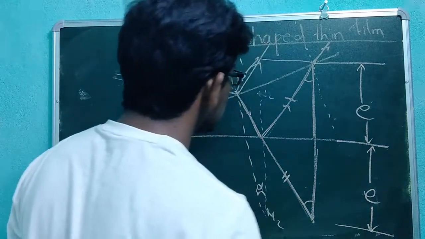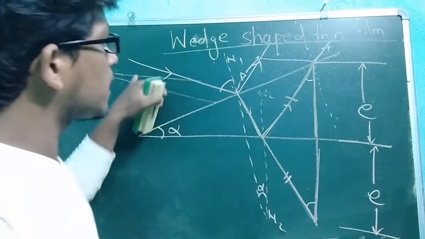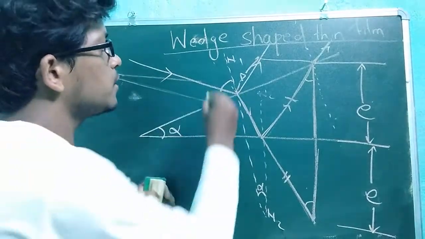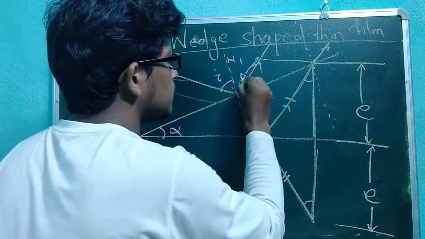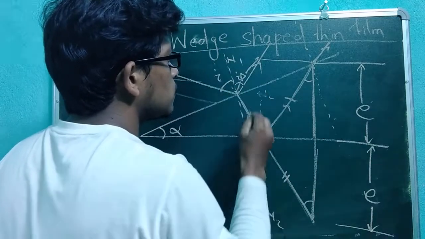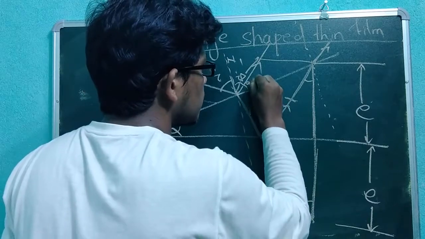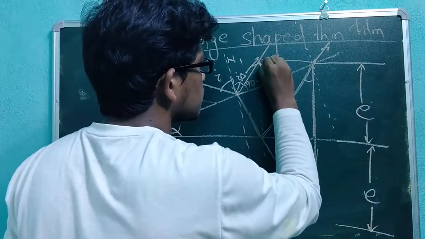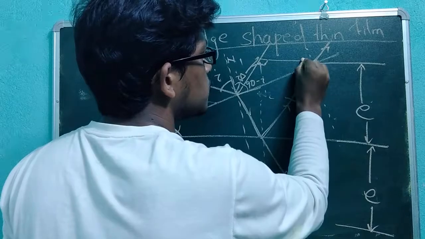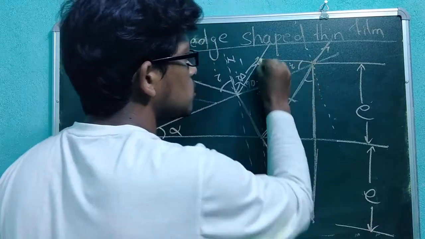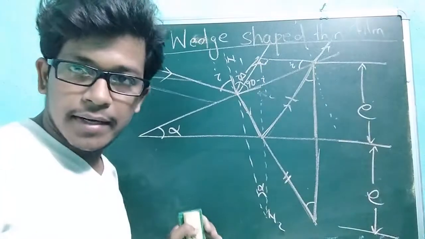Suppose the angle of incidence of the original beam is I, and this will be I also. As this is perpendicular, this will be 90 minus I. If this one is I, then only the addition of the angles will be 180 degrees.